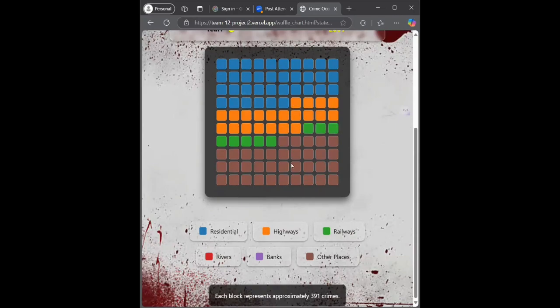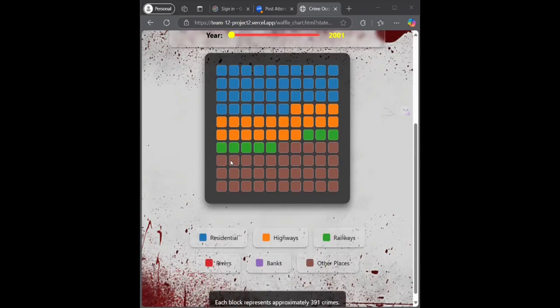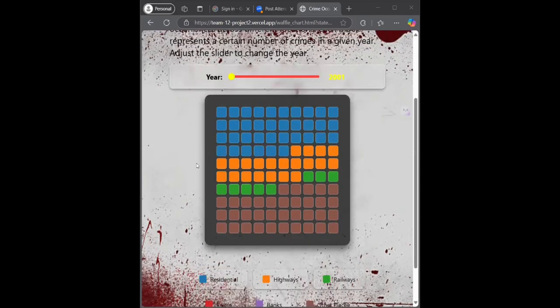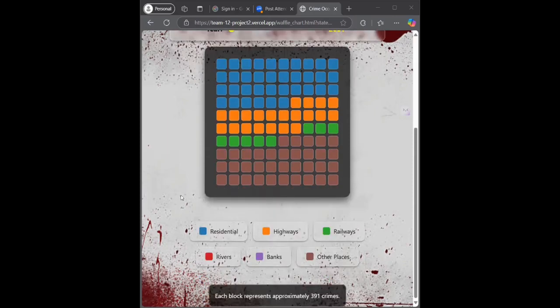The residential, the highways, and the other places take dominance. Thus, this visualization helps us compare the crime occurring in different states, in different places, and in different years. In conclusion, the waffle chart is a forensic deep dive into crime distribution, providing actionable insights to tackle crime more effectively.